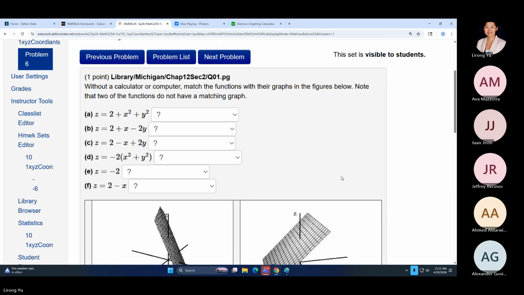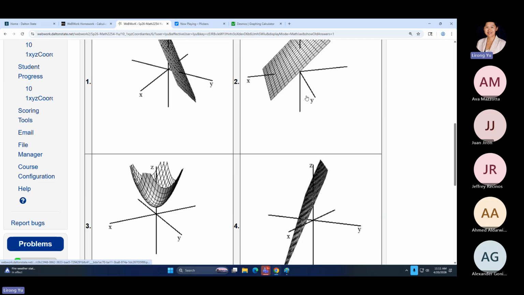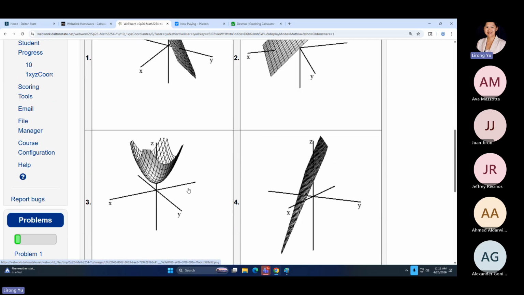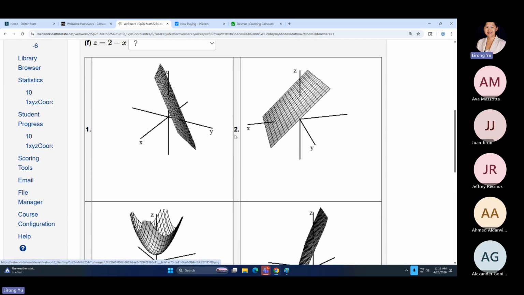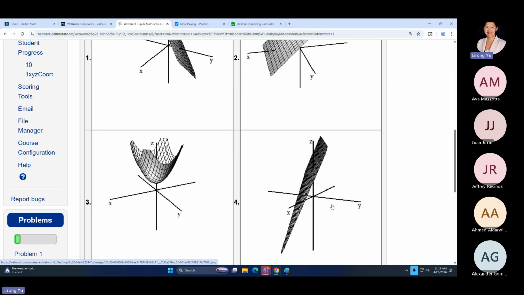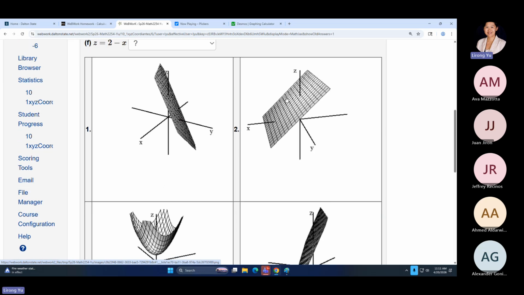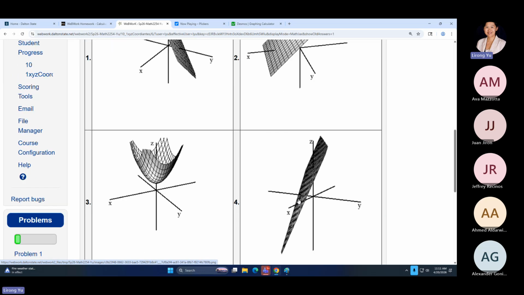So let's see. You can see number one, number two, and number three. These are equations of a plane that goes on flat. Visually, number three looks like a curved surface, but it's positive, so you have to have a positive z value for that.